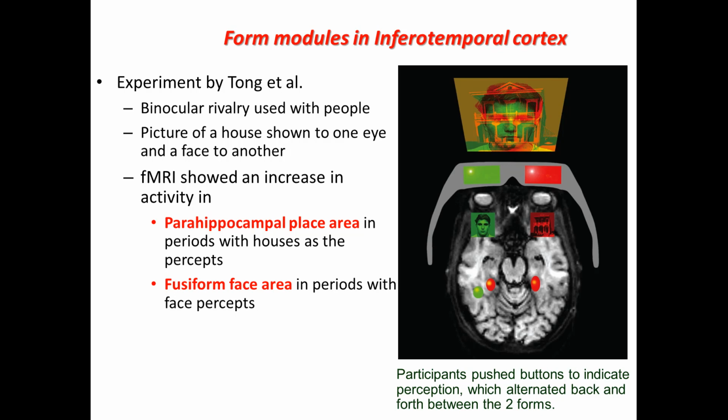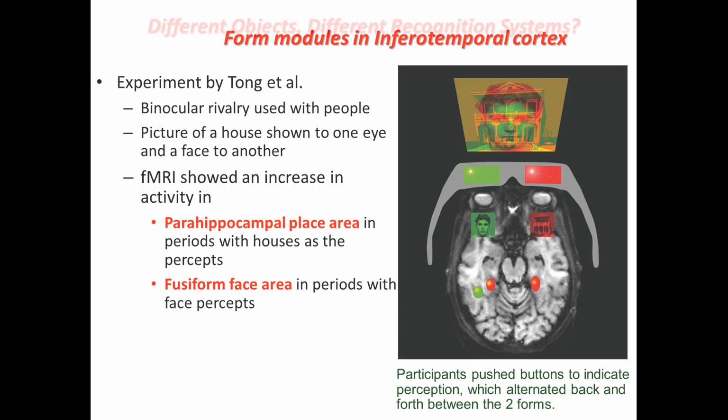So what we are looking at is two specialized modules within the inferotemporal cortex for the perception of faces and places.